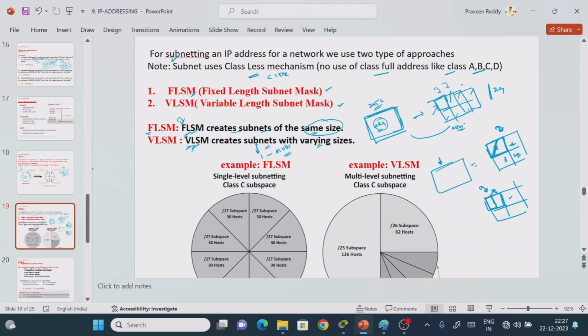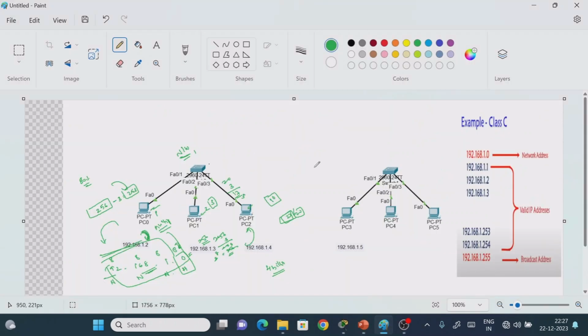So now try to identify. Suppose this is the network, 256. I have divided it something like this. Let me draw here so that you will understand. Earlier it is 256.